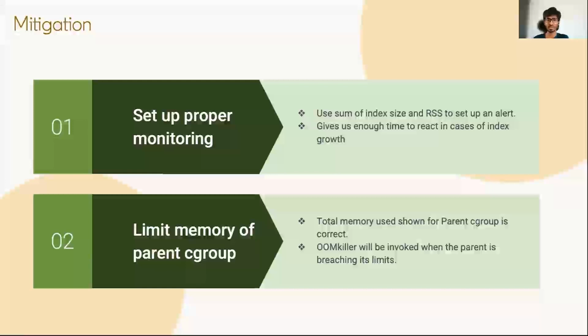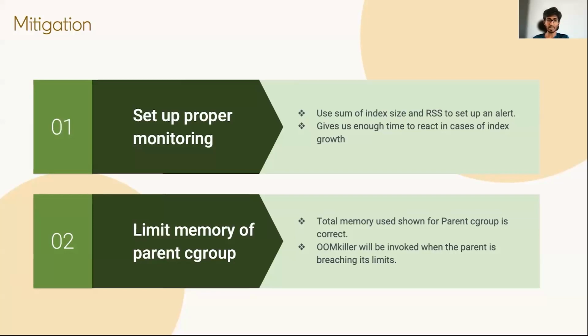So this time we moved towards using the application metrics for index size and RSS, and put up a threshold of a certain percent based on the limits we set on the cgroup. This helps us catch an issue way earlier in terms of index growth. So we figure out that something is going to break much earlier, and we have avenues where we can prevent it from happening.